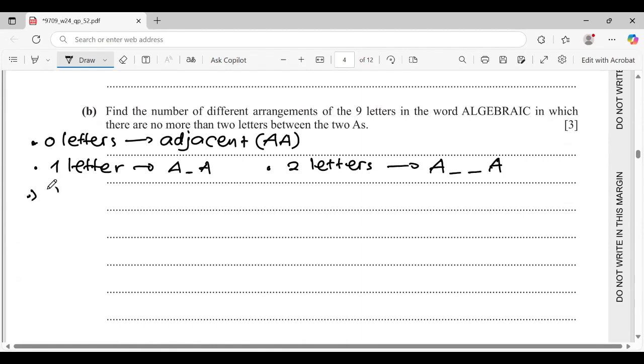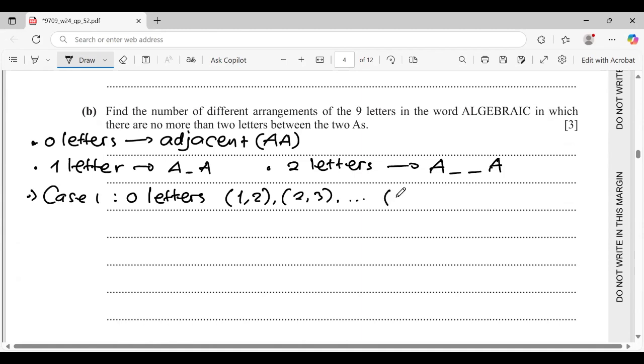I'm going to start with case one. Case one is zero letters, without letters between A and A. Like the first letter and the second letter, the second letter and the third letter, and so on.